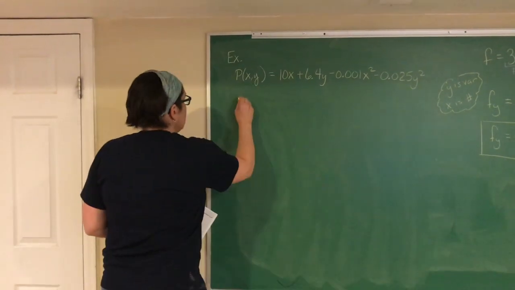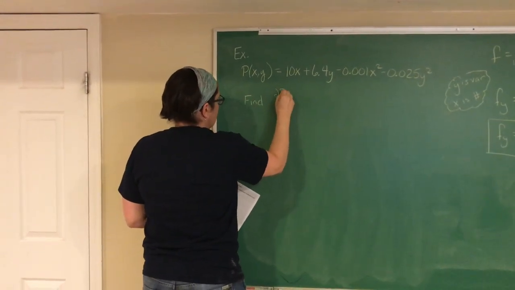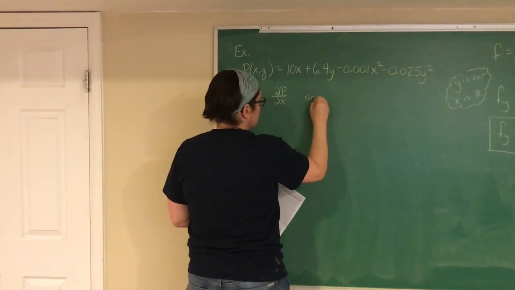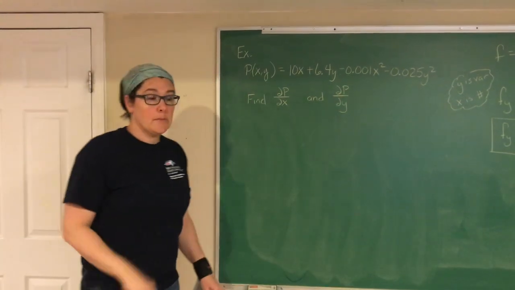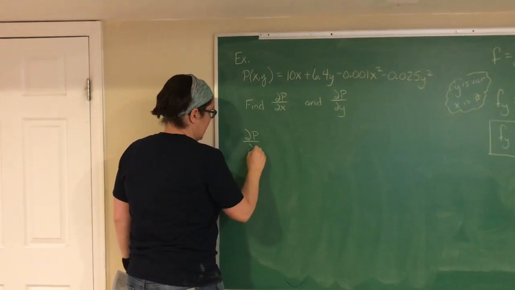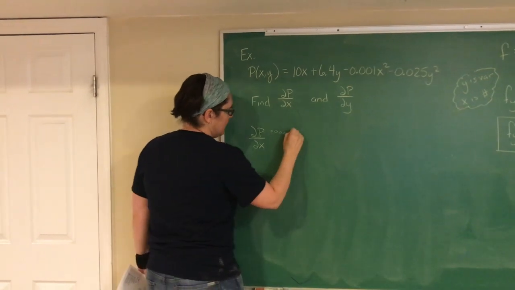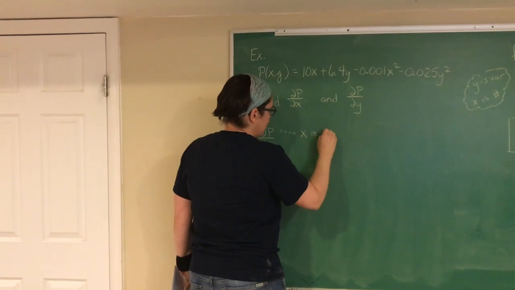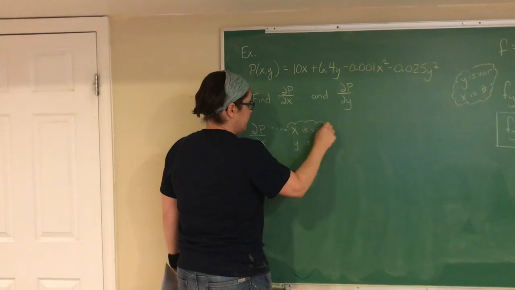Okay, so in this example, we are going to find the partial derivative of p with respect to x and the partial derivative of p with respect to y. So we'll start with the partial derivative of p with respect to x, and as soon as I write that down, I immediately want to think, okay, x is in my denominator, so x is my variable and y is a number.